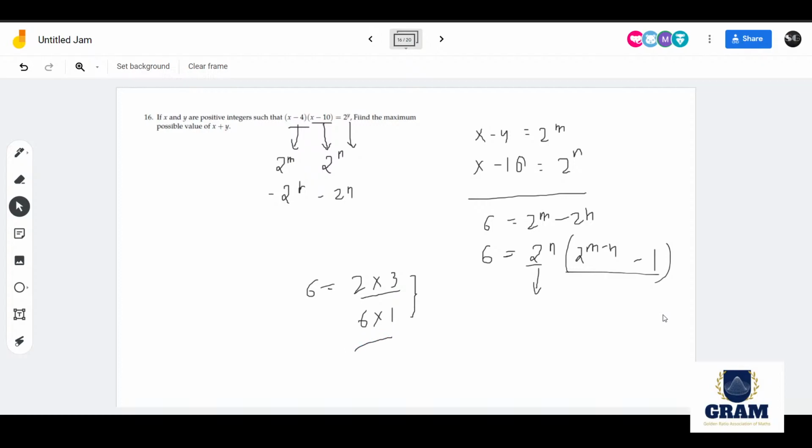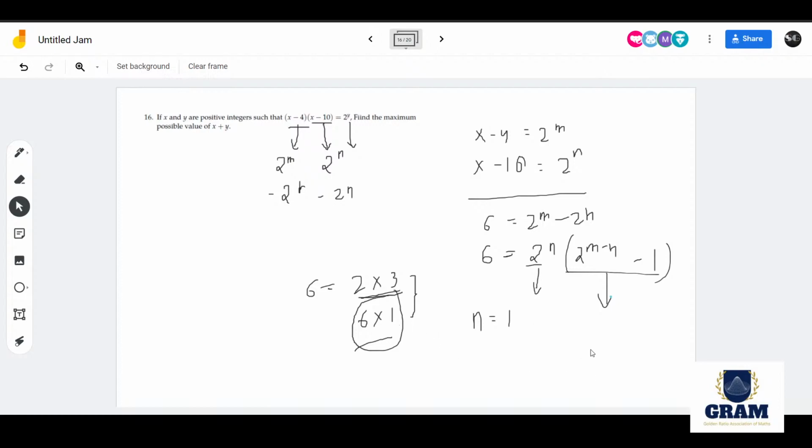If we see 6 into 1, it could neither be of the form 2 to the power n, nor of the form 2 to the power some number minus 1. And if we see 2 into 3, we can see n is equal to 1 and m is equal to, sorry, 3.